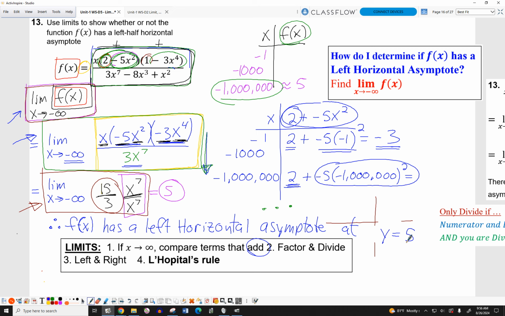So the only difference, if it's like doing a left half horizontal or right half, is that it's either getting more and more negative or more positive. But everything else is identical, perfectly the same. The signs and everything are actually changing with negatives, but it turns out that with power functions, the highest power still is dominant. Whether it's extremely positive or extremely negative will vary, but it's still the most dominant.